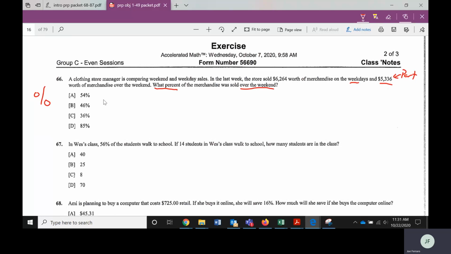So what we have to do, we actually have to figure it out on this one. So we first have to look at all sales is your weekend sales plus your weekday sales. So that's why this one is a little tricky. You have to figure out one of the numbers. They don't give it to us. Okay, so we're going to add these two together.